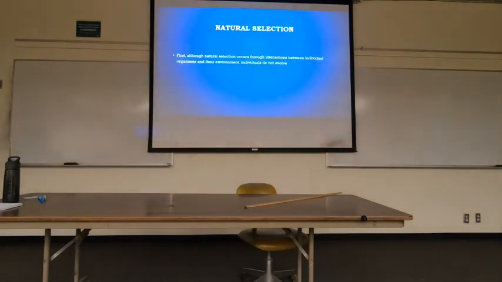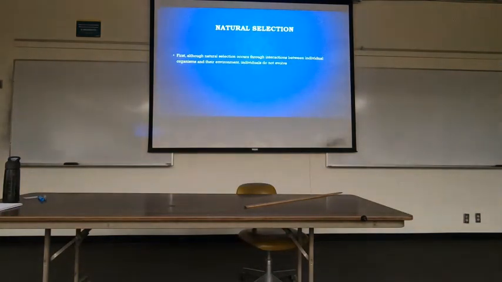So the first one being that natural selection occurs through interactions between individuals and their environment, but the individuals themselves do not evolve. So it's only populations that evolve.